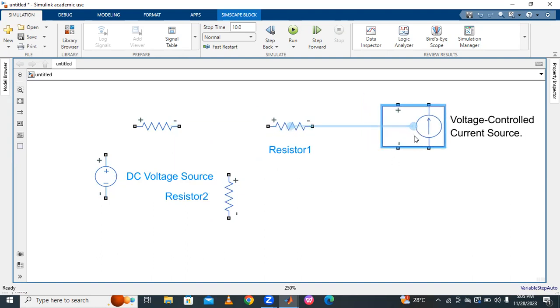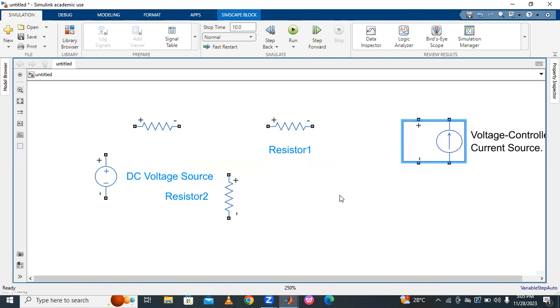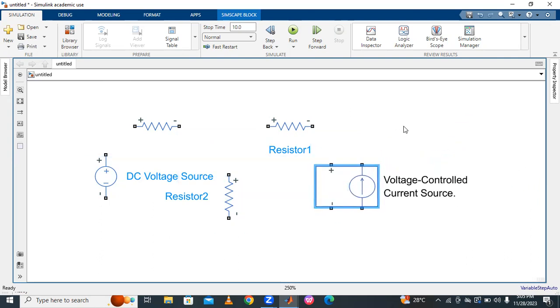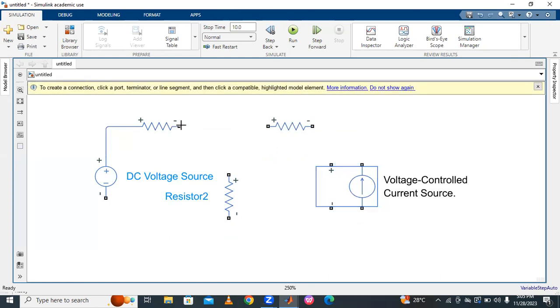So for the voltage controlled current source, the dependent source is present here. Let us assume the current direction is upward, and then connect all these parameters in this fashion.